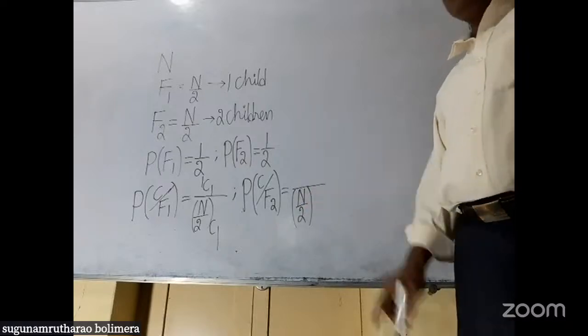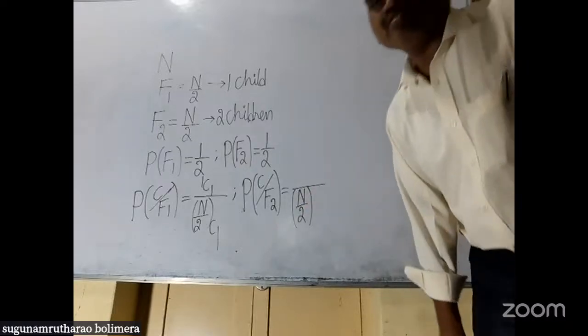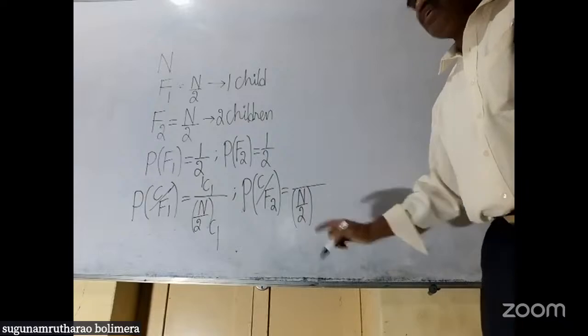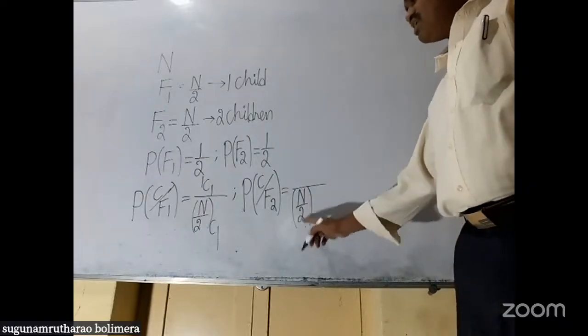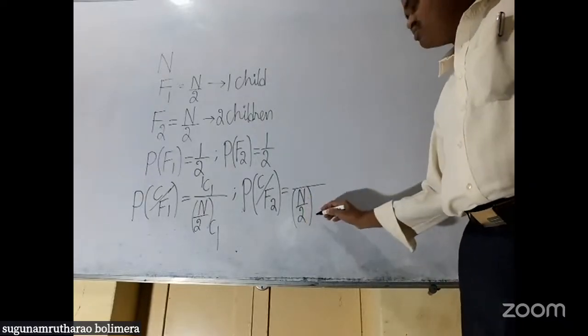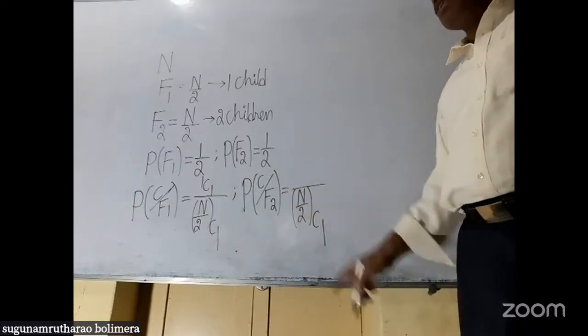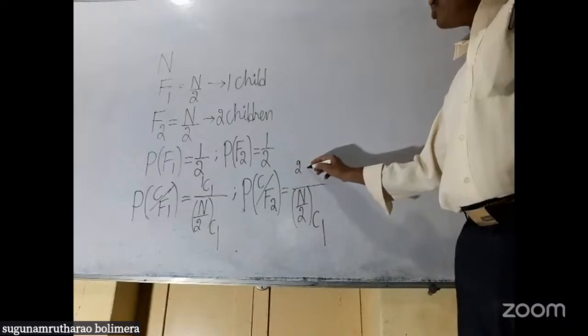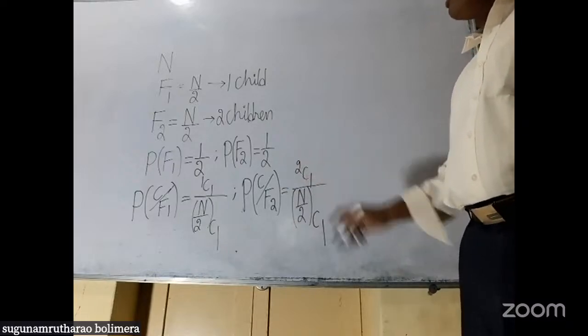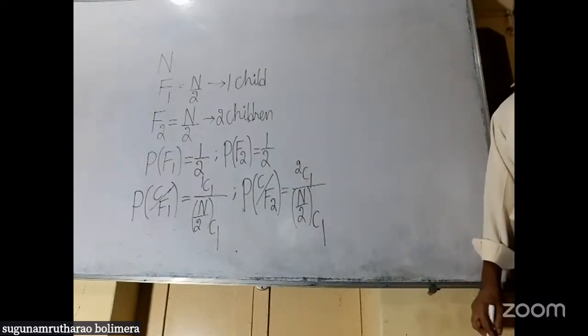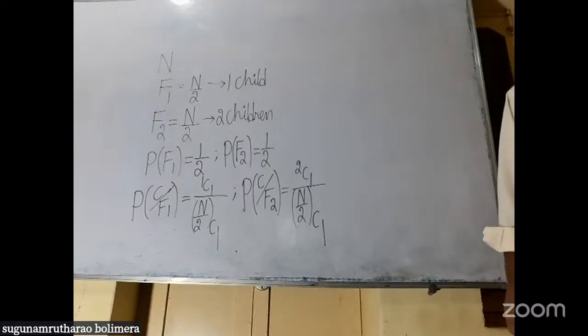Choose one family. And in that family of n by 2, you are having two children. So one chosen out of two.